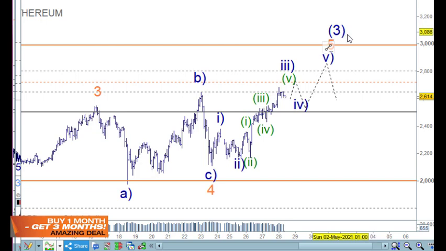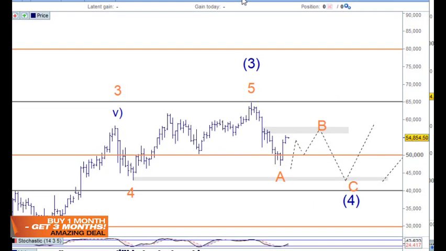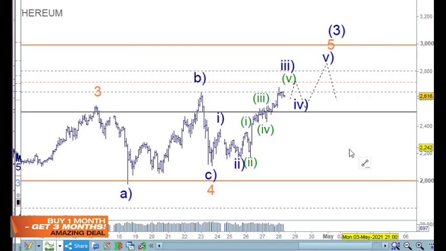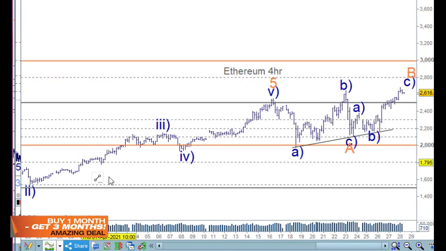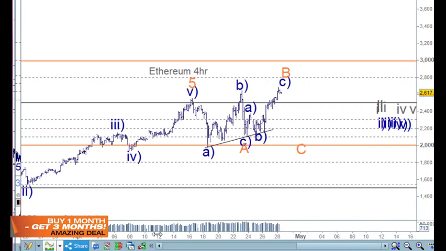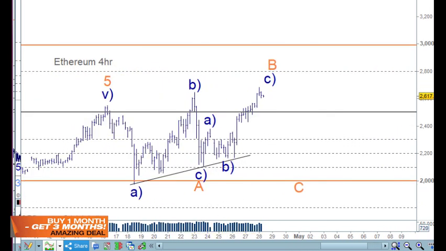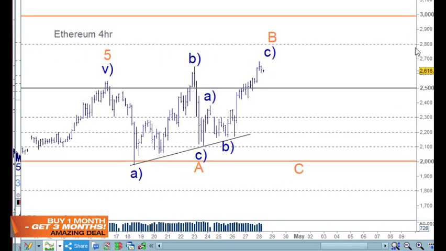Now this would be lagging behind this market where we've got wave 3 here already. But it is possible that it can catch up during this spell. So this is possible at this point. The other count for this is considering it in line with Bitcoin, just a bigger sort of correction.